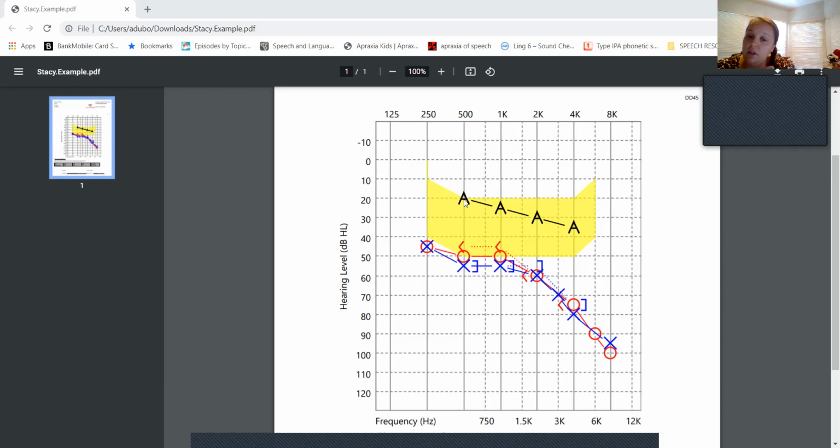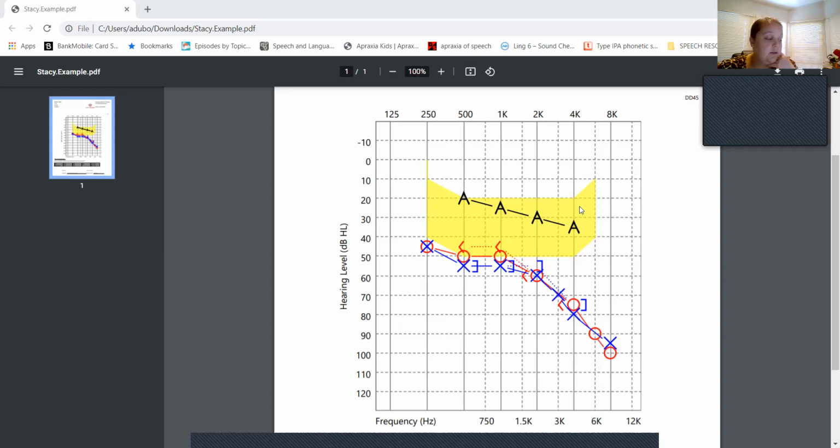Now, the good thing is right here we see all these A's. Well, this is telling us what she was hearing when she had her hearing aids in. And so you have your speech banana. She's hearing most everything that is being said to her, but there's this corner up here where she didn't catch it.